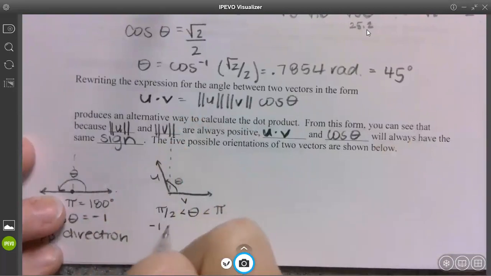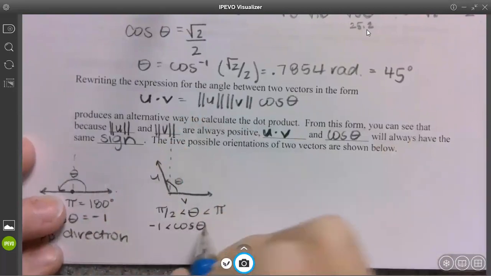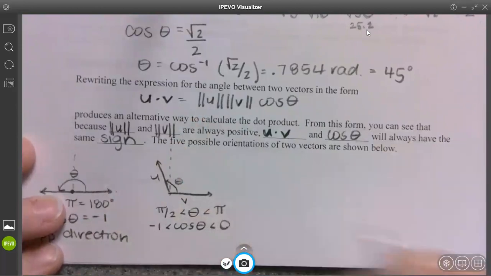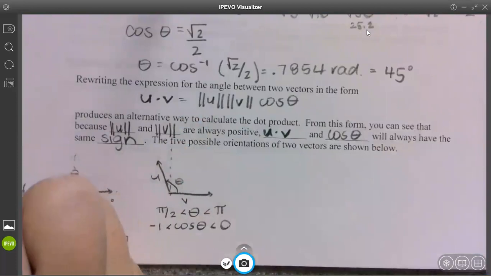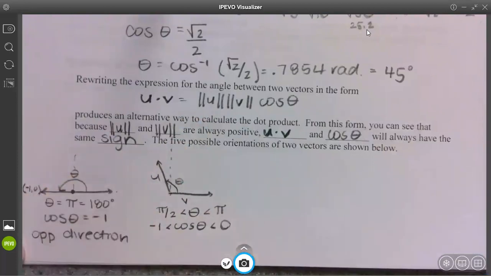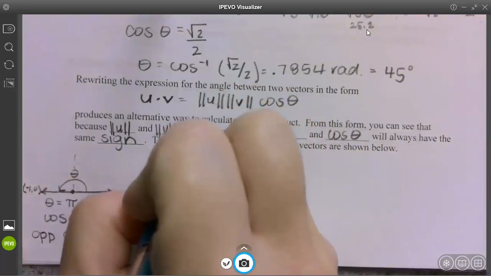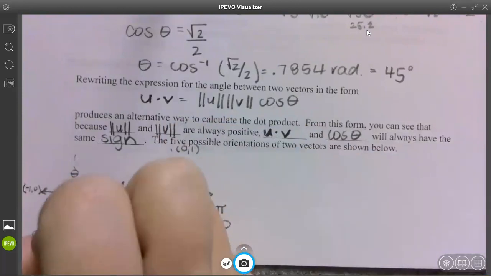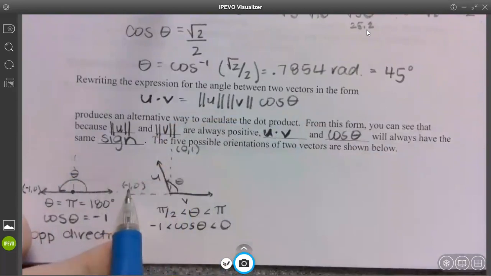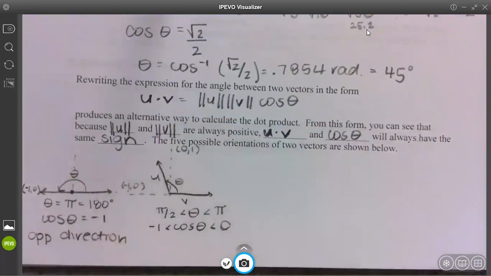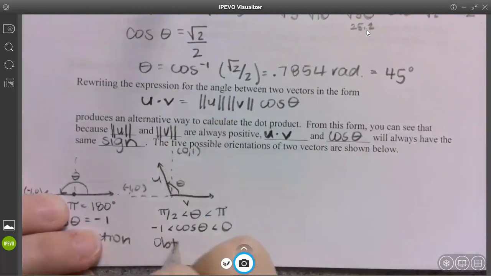So that means that cosine will be between -1 and 0. Again, here's why. Remember, cosine is your x coordinate. So over here, our x coordinate was -1 because of -1, 0. Here we have 0, 1 to -1, 0. So your x coordinate is from 0 to -1, or if you put it in the correct order, -1 to 0. So that's where that little evaluation is coming from, and it's an obtuse angle.